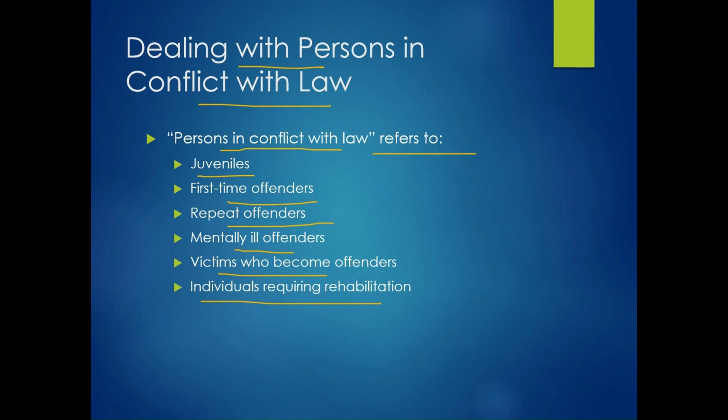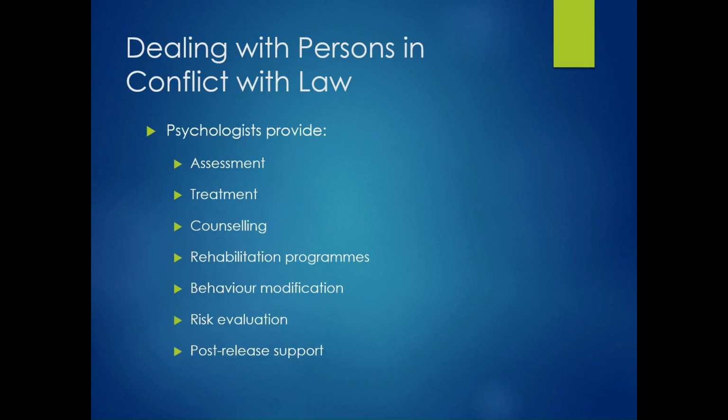So, each category here requires different approaches. So here, the kind of support that psychologists provide includes assessment, treatment, counseling, rehabilitation programs, behavior modification, risk evaluation, and post-release support, which means after releasing the person from the prison, any further mental support that is provided.